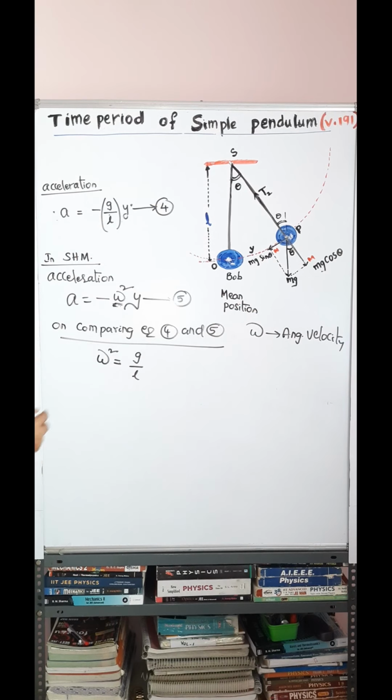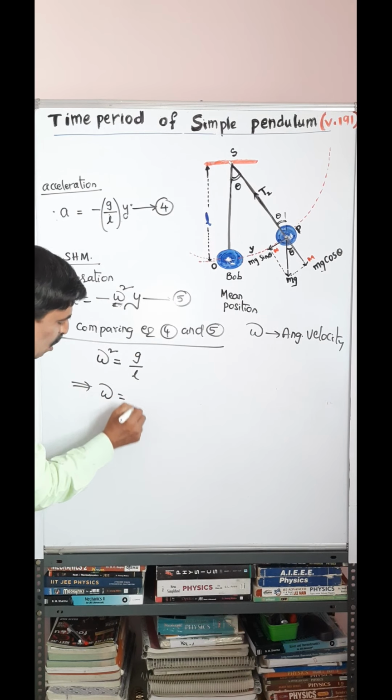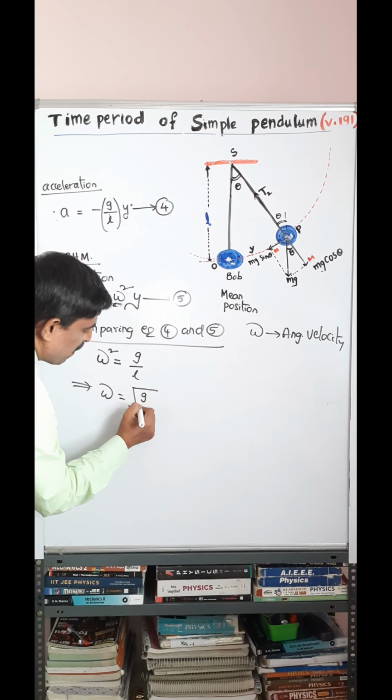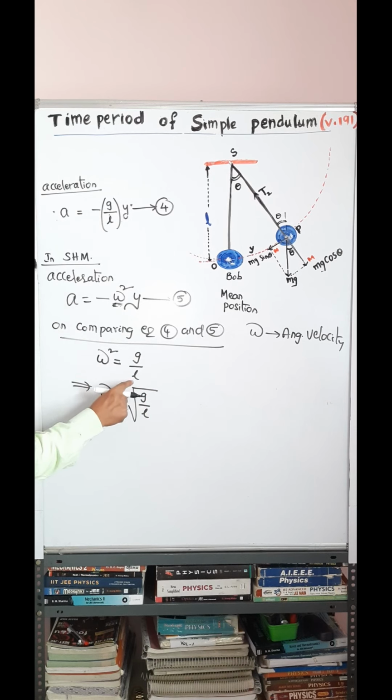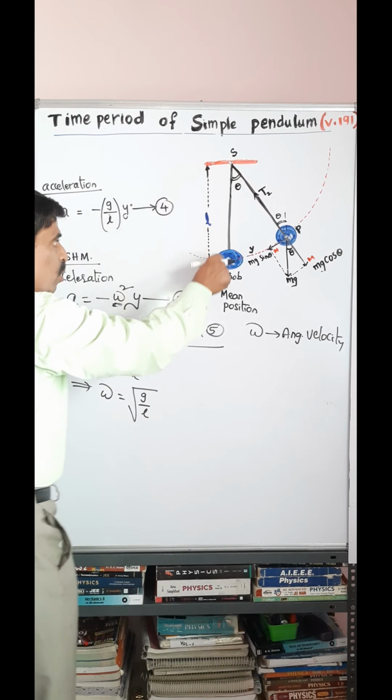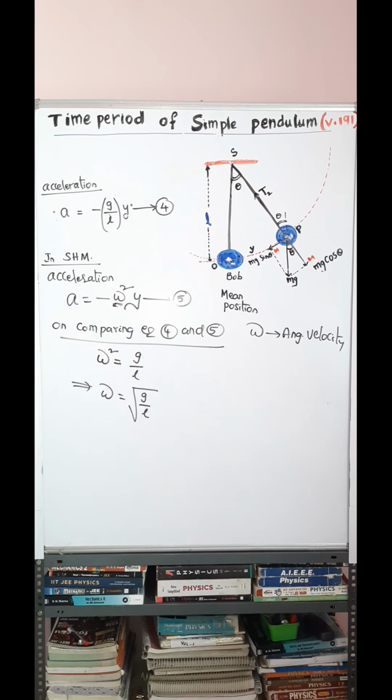Here, omega square is equal to g by L. That implies omega is equal to the square root of g by L, where L represents the length of the pendulum, and small g represents the acceleration due to gravity.